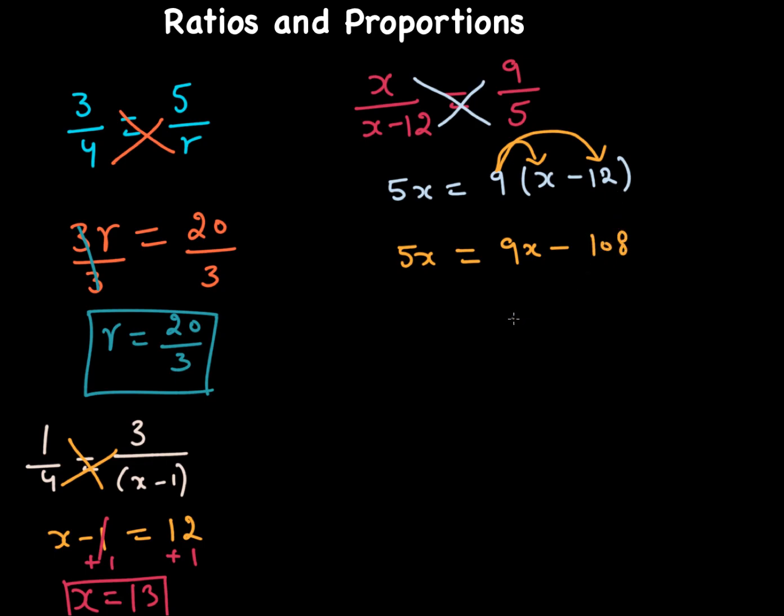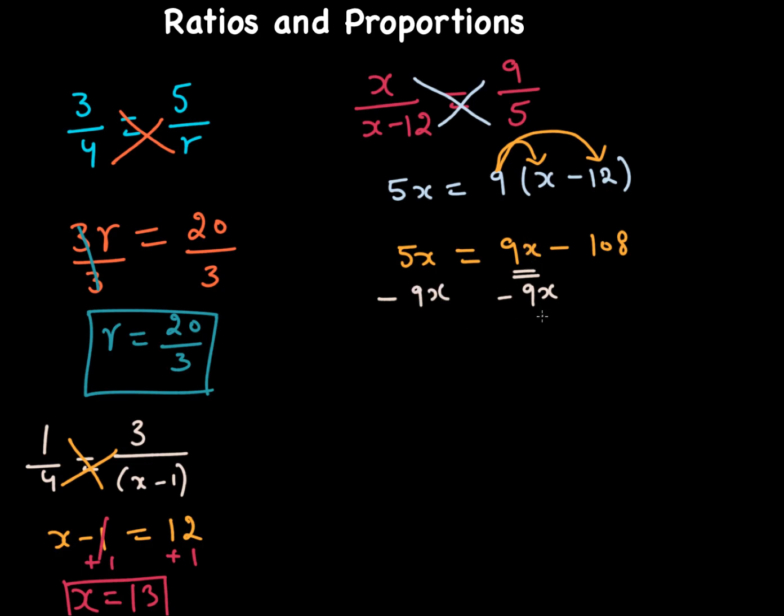Now same rule, we want to get rid of a few numbers so that we can just find x. Let's get rid of this 9x from the right hand side. If we subtract 9x here, it cancels out, but we need to do the same thing on the left hand side too.